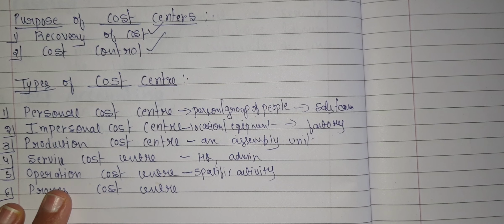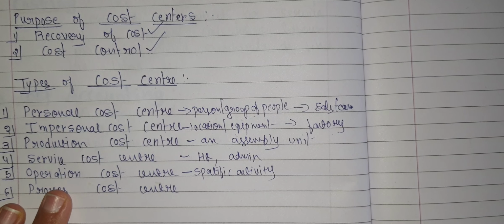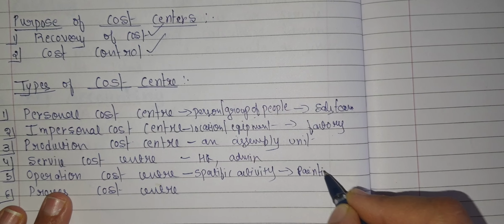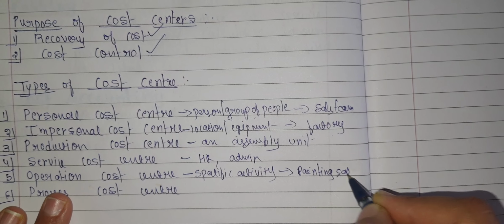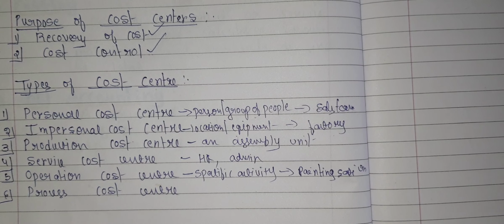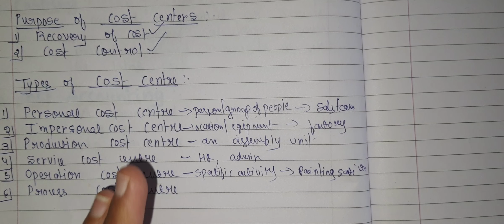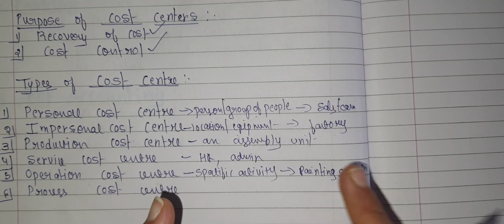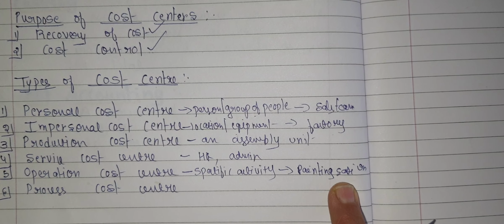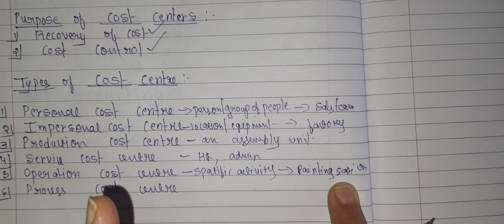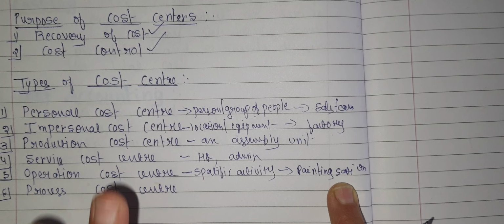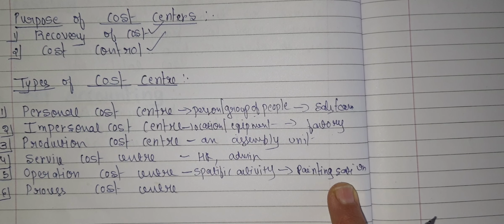For example, in an automobile factory, the painting section is an operation cost center. Why? Because it handles only one specific operation, that is painting cars. So that is called an operation cost center, as it handles only one specific activity.